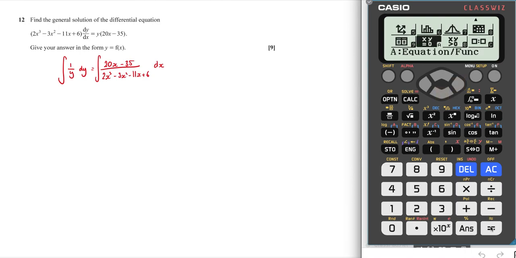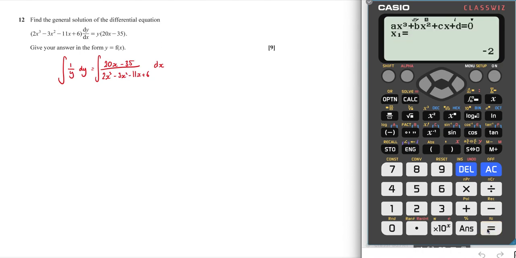by solving it. So my polynomial, it's a degree 3. It is 2, it's minus 3, it's minus 11, and it's 6. And there we go.